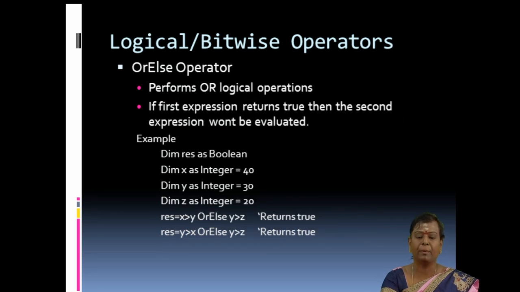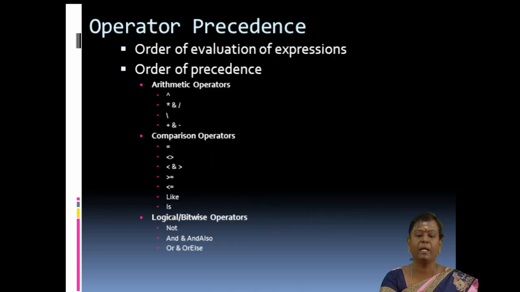This OR ELSE operator is the same as that one. It also checks the first expression, and if it returns true, then the second expression won't be evaluated. So finally we can look at the precedence in which order the expressions will be evaluated. First arithmetic operators will be executed, next comparison, then logical and bitwise operators.